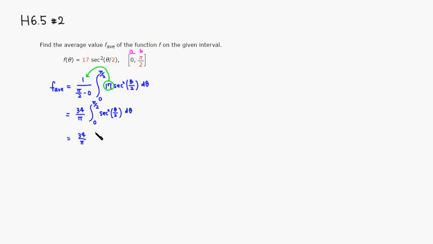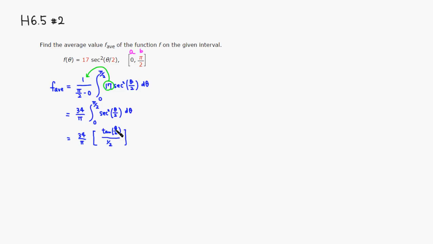All right, 34 over pi is just sitting there. Then the antiderivative of secant squared of theta over 2 would be tangent of theta over 2, divided by the derivative of theta over 2, which is 1/2. You can double check: if you take the derivative of this, the derivative of tangent is secant squared of theta over 2.